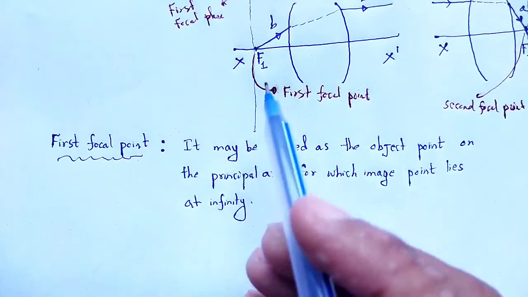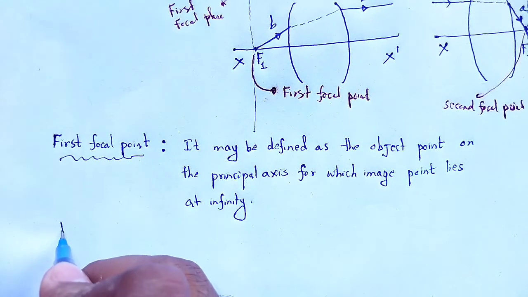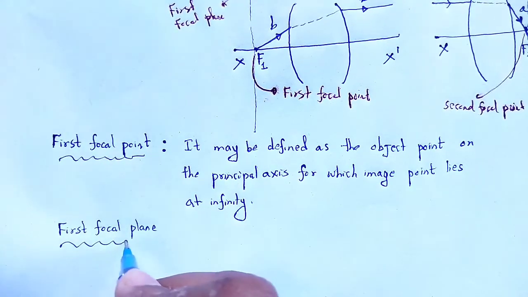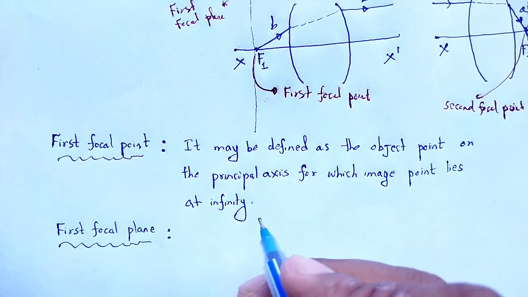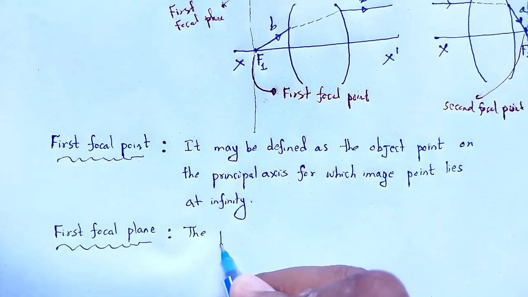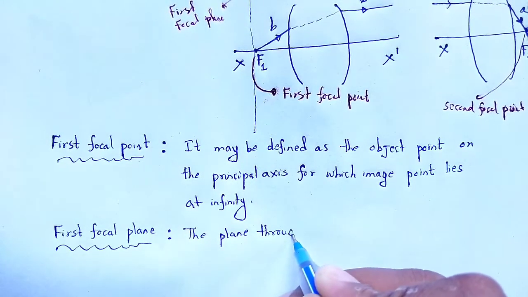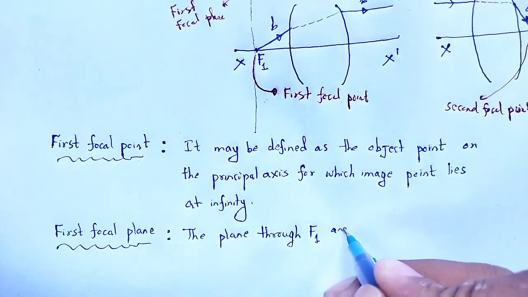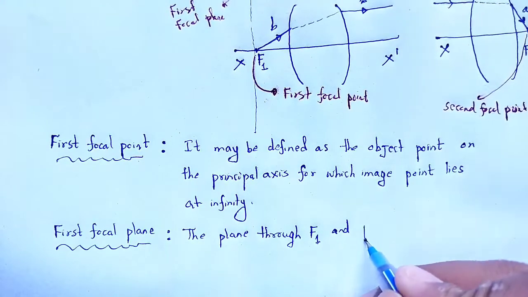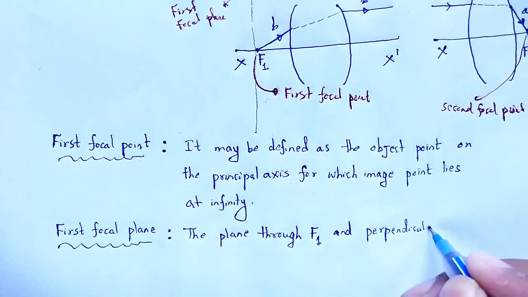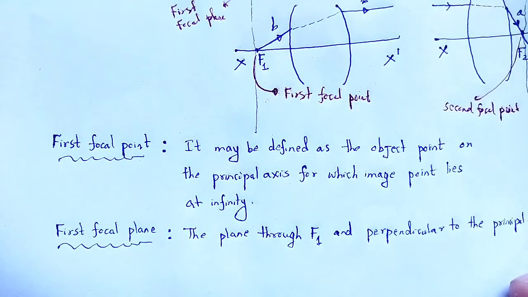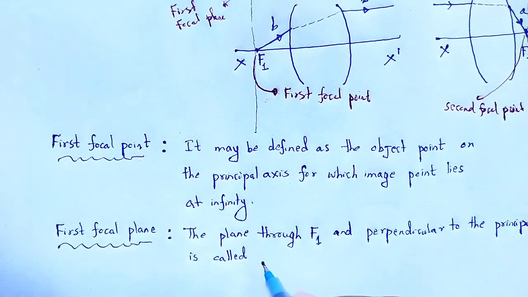And the plane through F1, the first focal point, that is perpendicular to the principal axis is called the first focal plane.